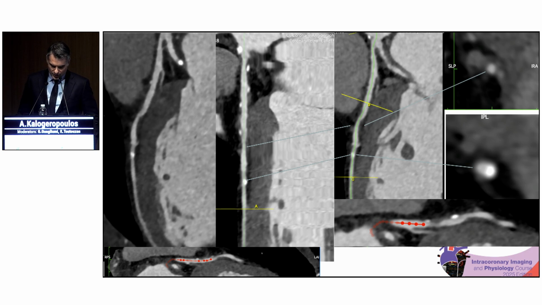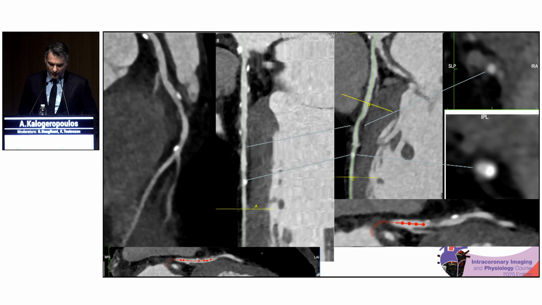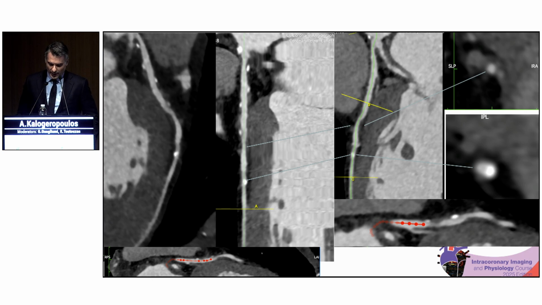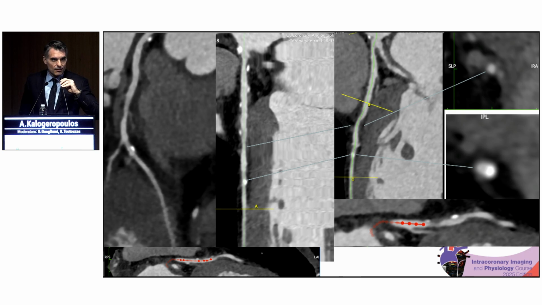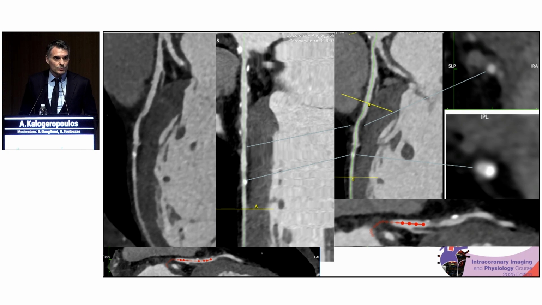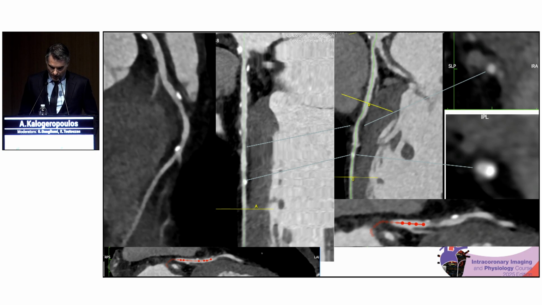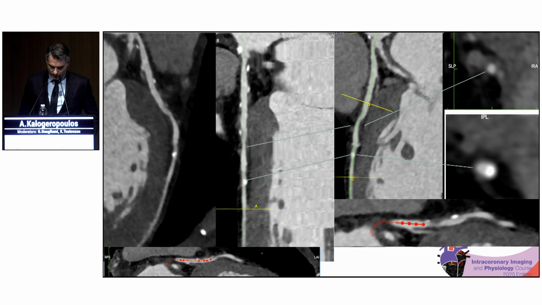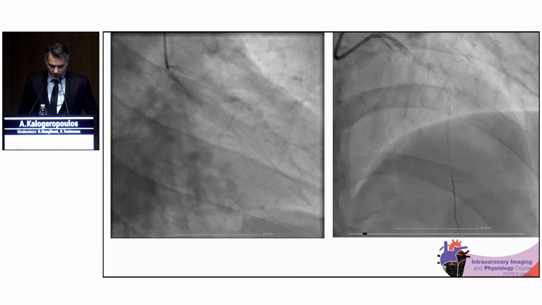And also we can appreciate some high-risk features, soft plaque with positive remodeling of the vessel. So we can easily get some very nice information in the first instance about how we're going to deal with this vessel when we proceed with the next step, which will be a coronary angiography.